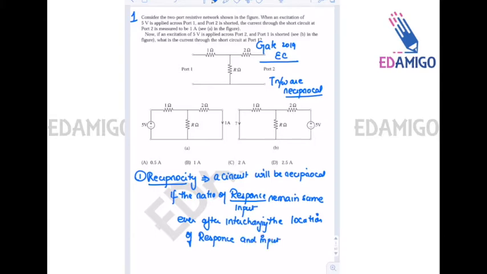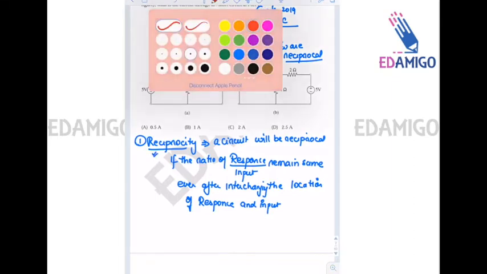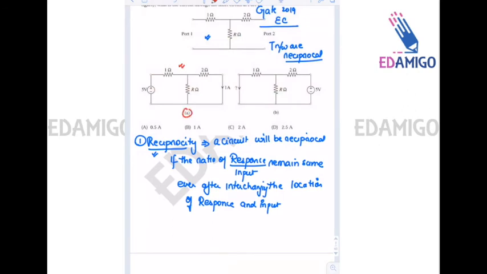Suppose, and in this question it is given that it's a T network, and T networks are always reciprocal. Now if we assume that in figure A, 5 volt is the input and the current in this branch is the response, so 5 volt is the input and 1 ampere current available at the output is the response.